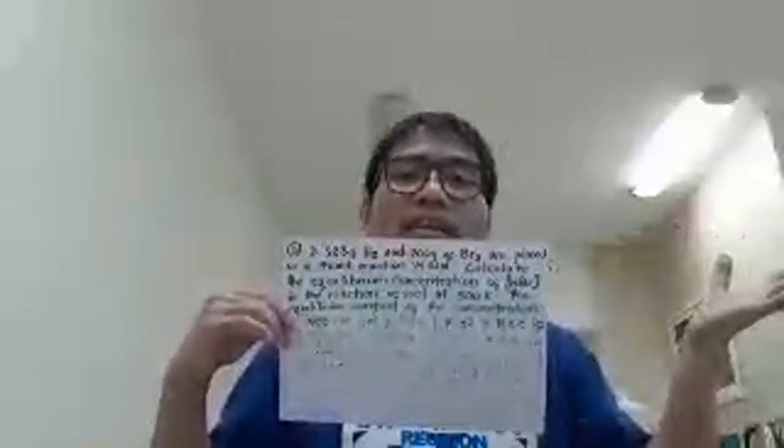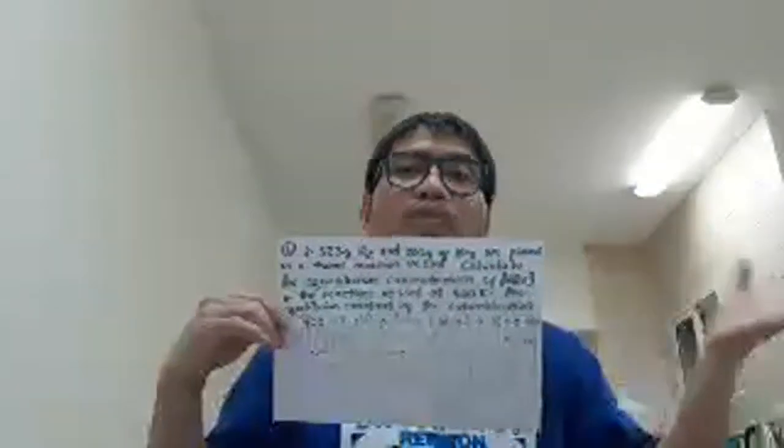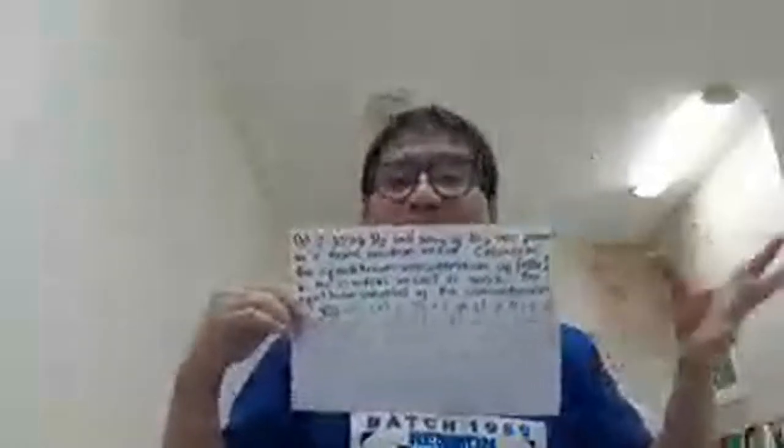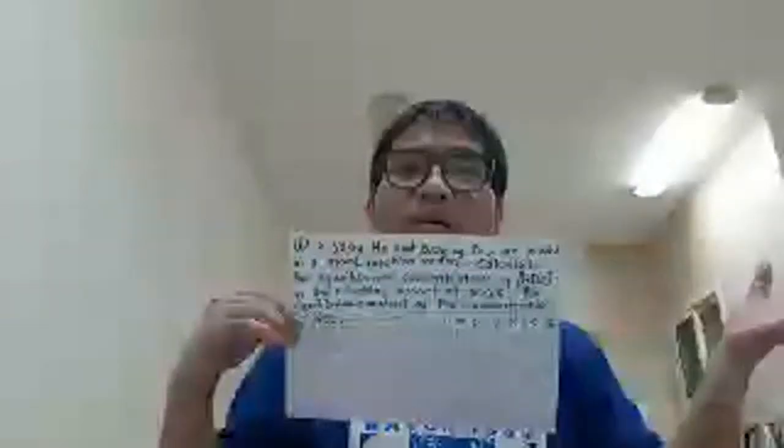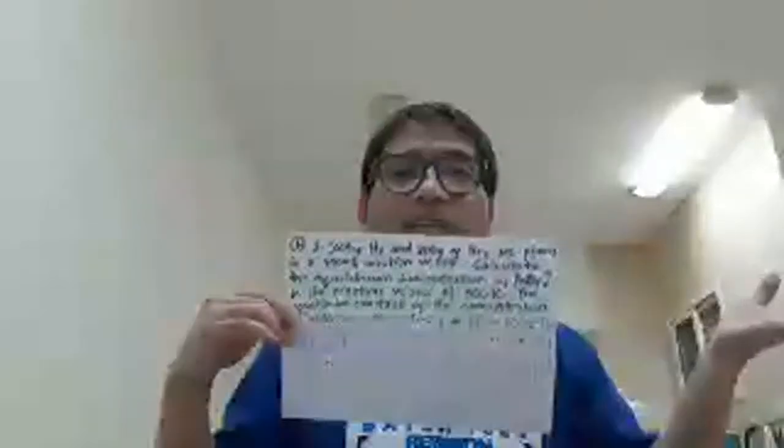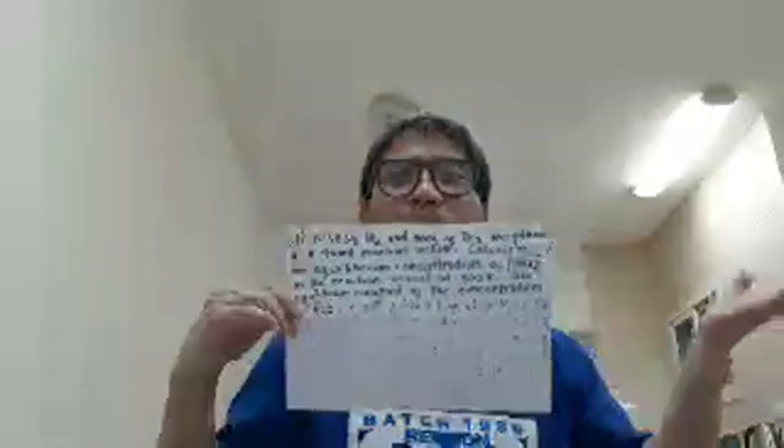Though it's necessary in the problem, because at that 500, the K will be like this. But you can put the K already, no problem, because when you put K already in the problem, that means at that temperature, you need to put temperature. What's the use of temperature then?